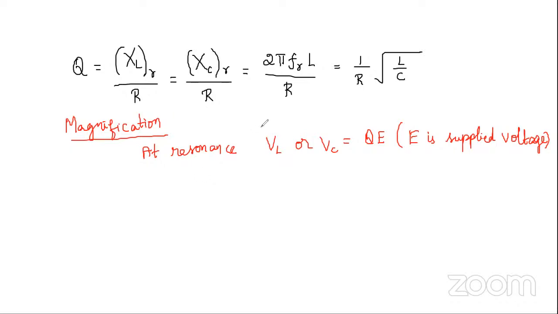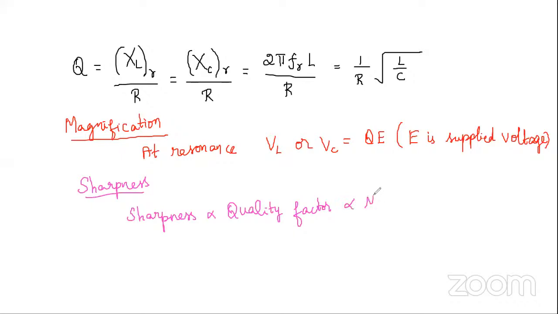Then the sharpness of the circuit. Sharpness is actually directly proportional. As we have discussed right now, quality factor describes the sharpness of the curve, the sharpness of the peak obtained in the current versus frequency graph. Sharpness is directly proportional to quality factor, and that is also directly proportional to magnification factor.